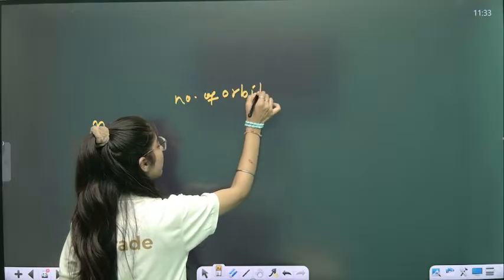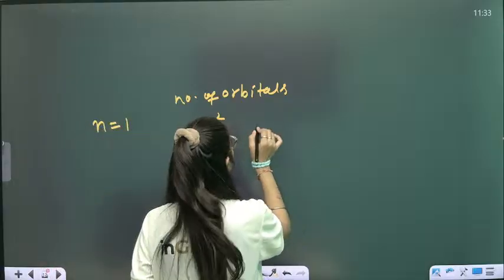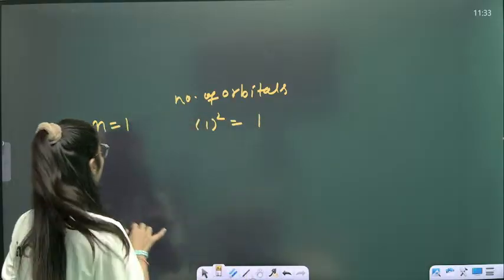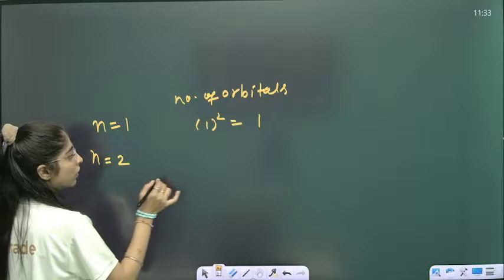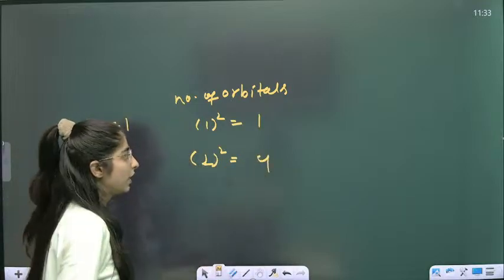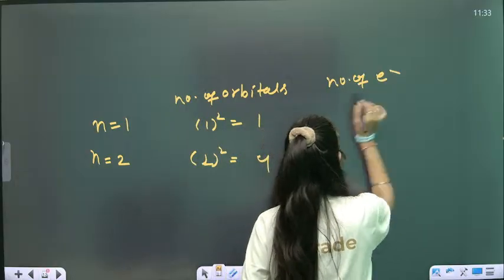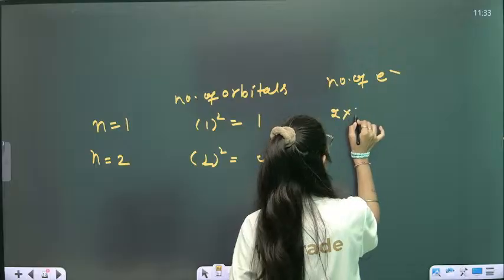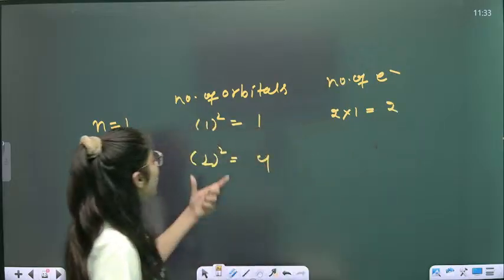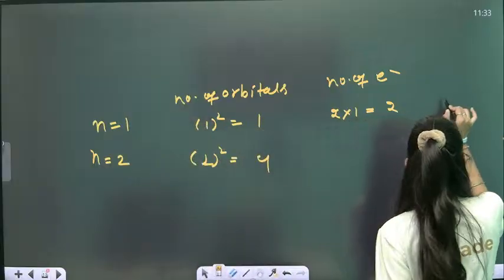If I am saying that n is equal to 1, the number of orbitals is 1 square, that is equal to 1. For n is equal to 2, 2 square is 4, right? And the number of electrons, 2n square, for n equals 1 is 2. And you know that for 1 we have only one subshell, that is s.